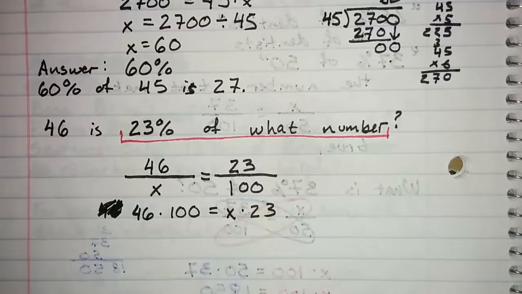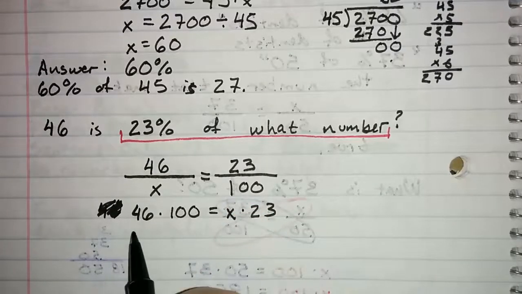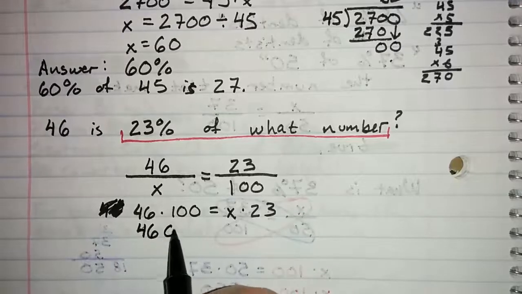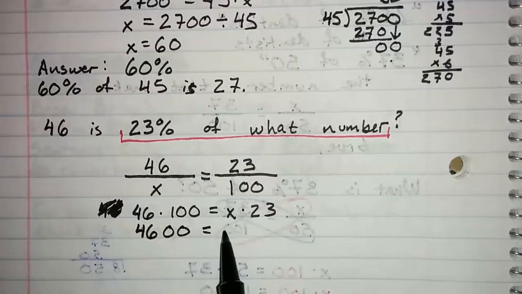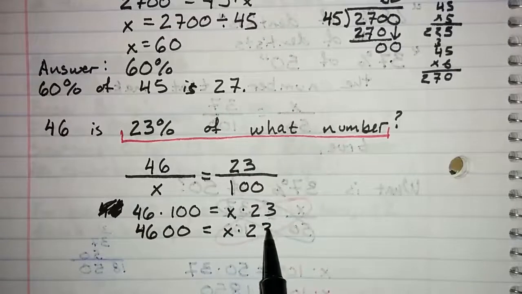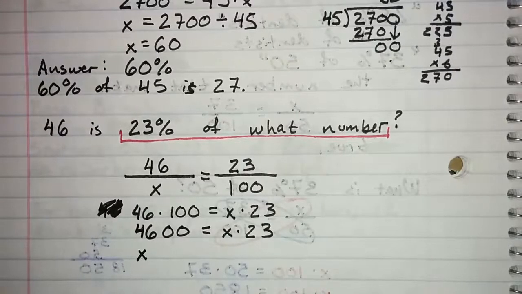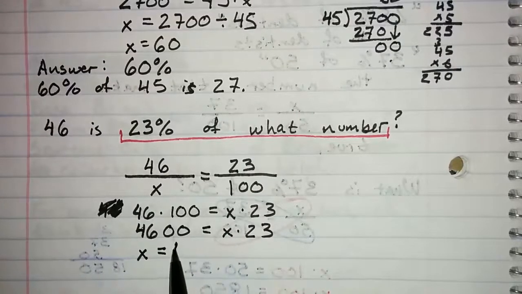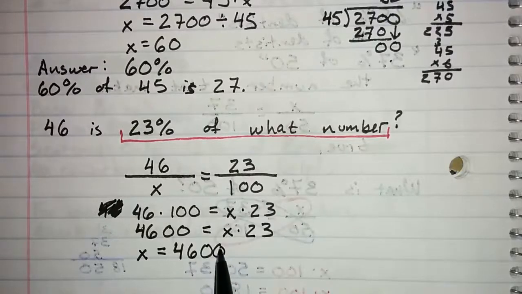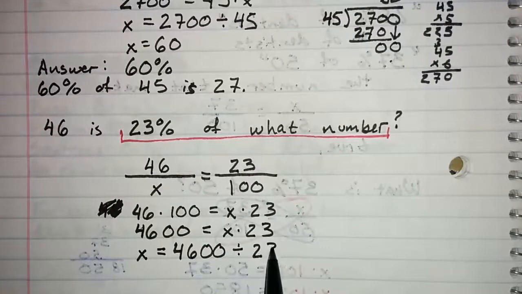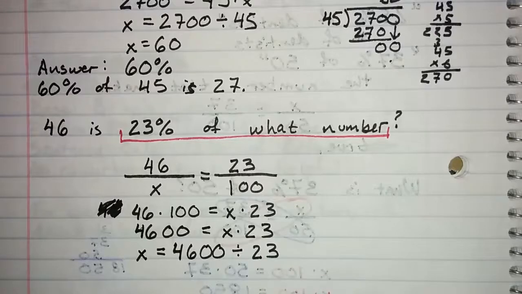We like that. It makes the arithmetic easier. So 4600 is x times 23. So x is, I get 4600 when I multiply x by 23. So that's just what this division problem tells me.